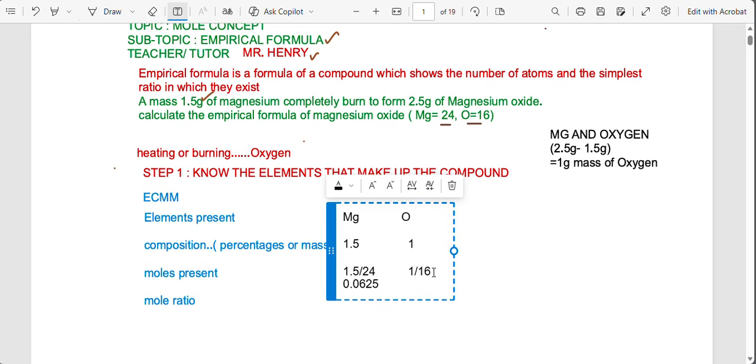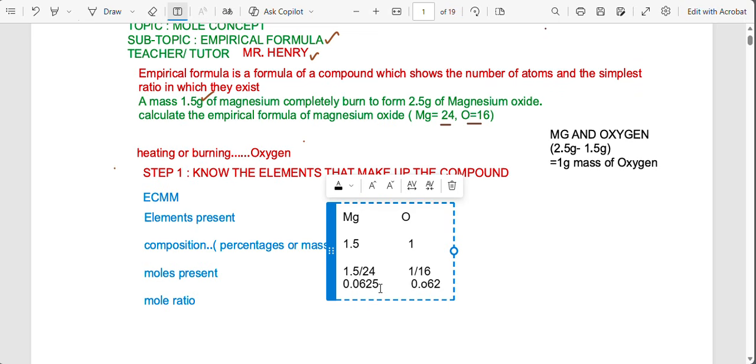Okay, so 1.5 divided by 24 is what? It's always good to record to 4 dps. It is 0.0625. Very good.